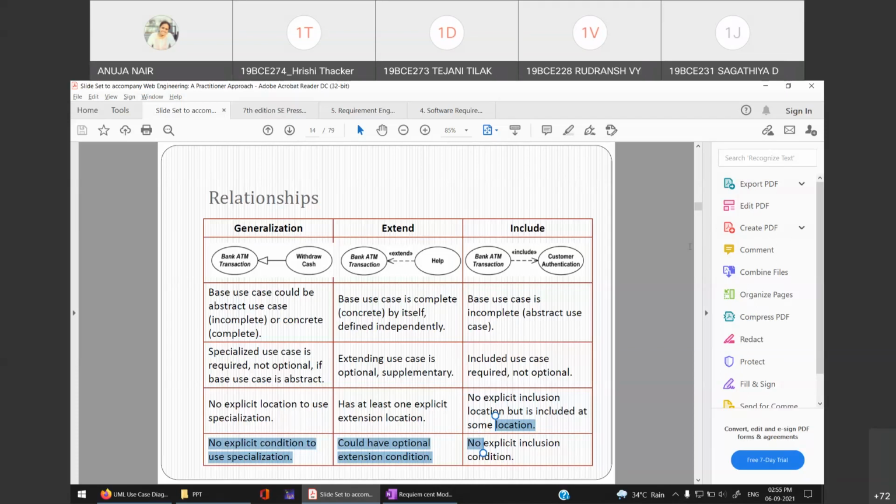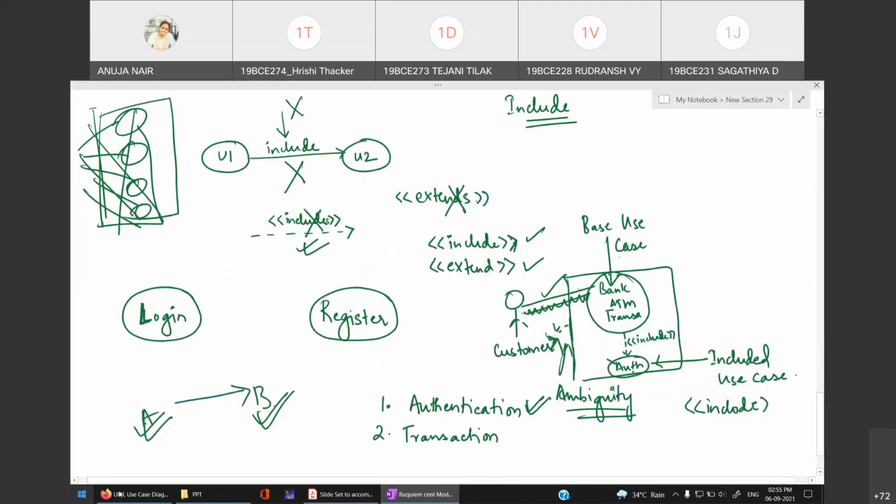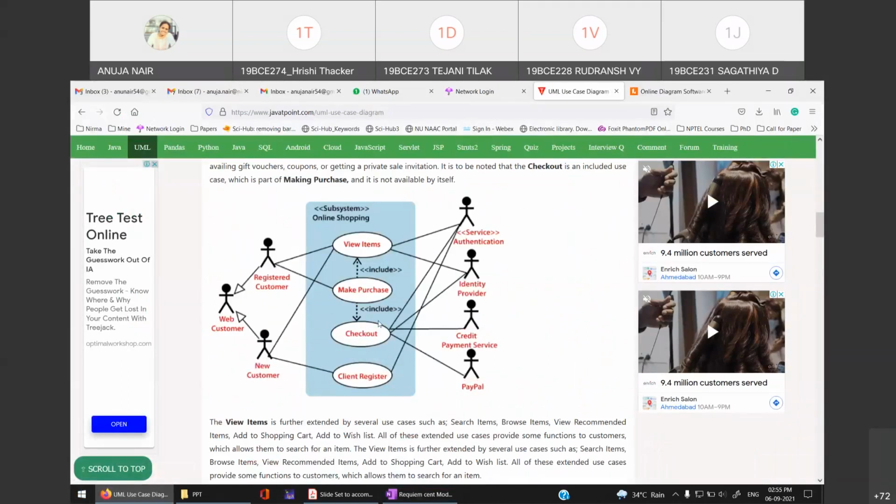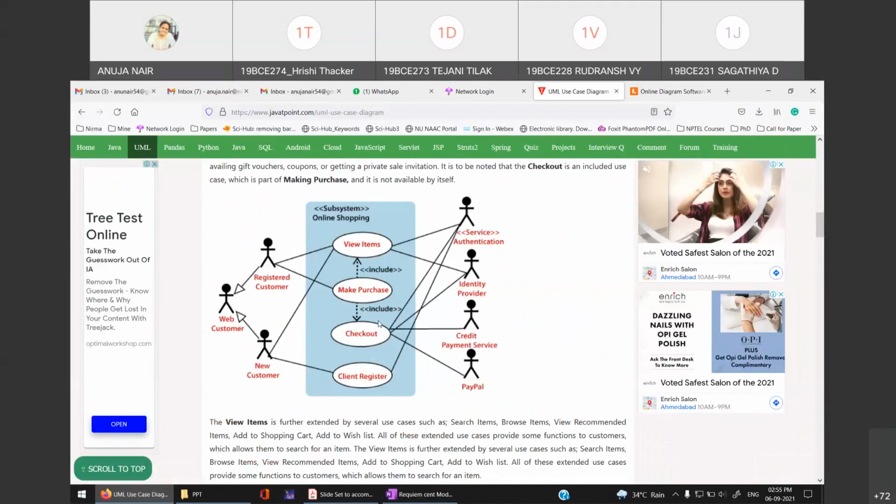That is the meaning. So if we go to our diagram, the diagram that I showed just now, how will you read it? Here, if I want to make a purchase, I need to first check out.